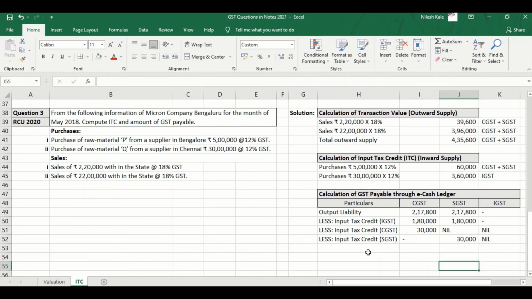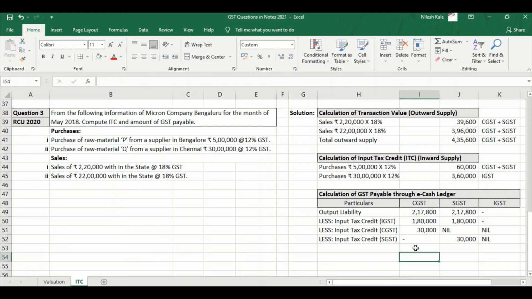Is that clear? So how much is still payable? See, this is 2,17,800. This value is output tax liability less. All these are negative values because less we have used, right? So 2,17,800 minus 1,80,000 minus 30,000.